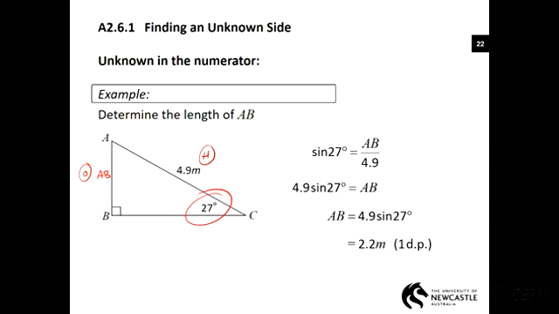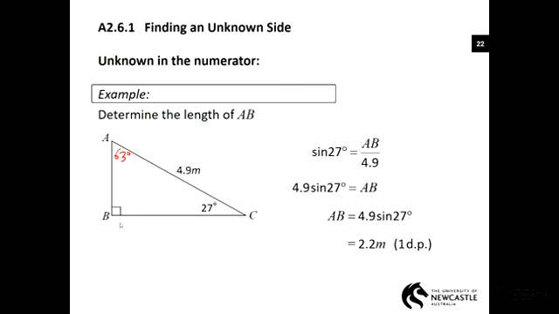Now, note that if I had been given both angles, I'll only do this once, and said, well, now what do I do? If that's 90, then these two must add up to 90, because the whole thing adds up to 180. So that's 63 degrees. I can work out that angle, because 63 plus 27 plus 90 is 180.